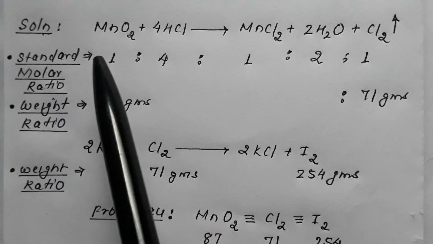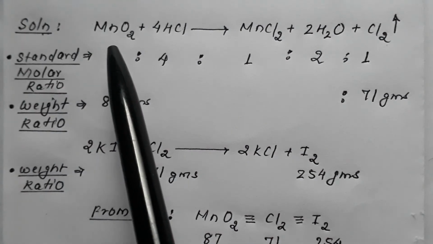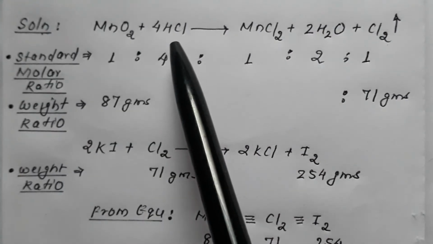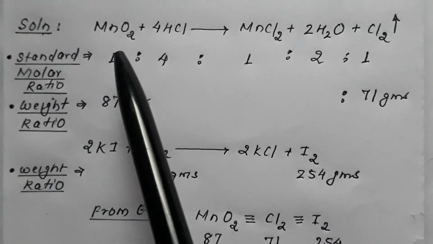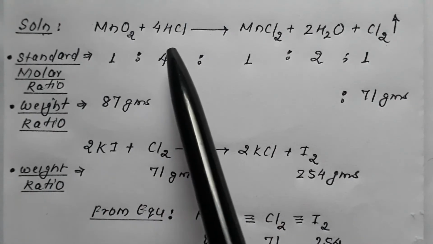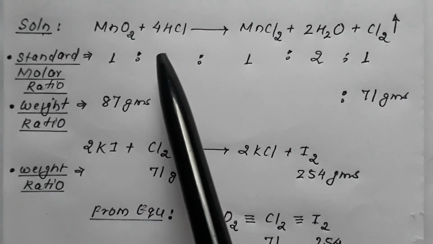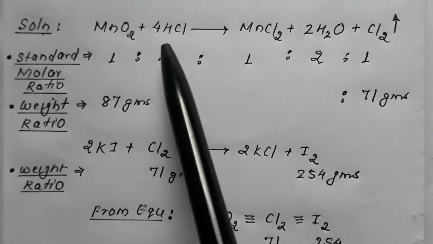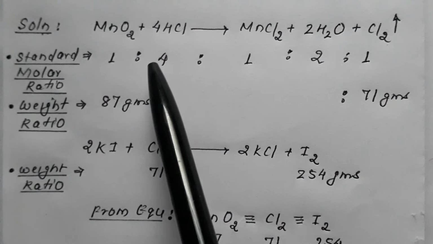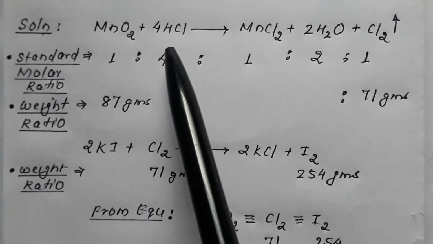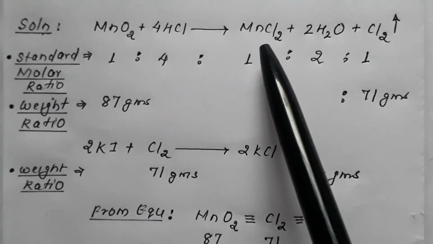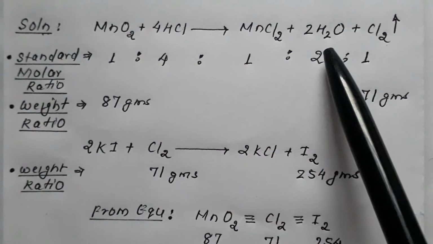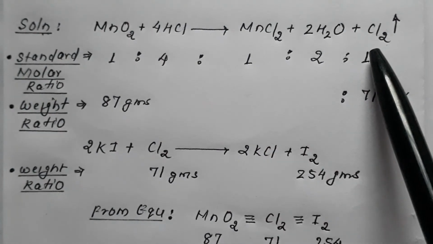The question goes that MnO2 is made to react with HCl. How much MnO2 is given? 16 grams. How much HCl is given? Excess amount. So when MnO2 is made to react with HCl, remember it reacts to form MnCl2 plus H2O plus Cl2.